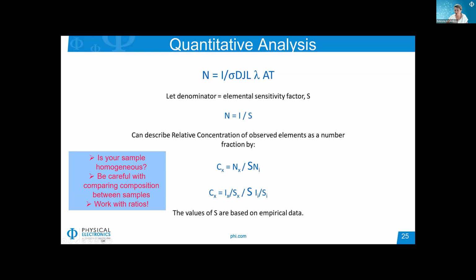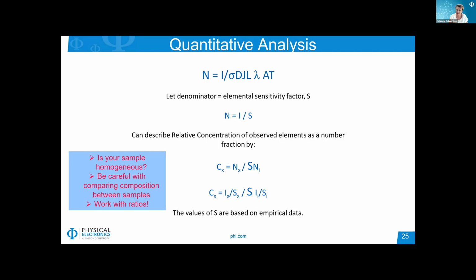Because we're working with fractional numbers, we always assume that the total composition of all of the elements that we report is 100%. So when you read a paper and you see a comparison, we always need to be aware of whether the survey spectrum has been shown, and whether all of the elements have been included in the quantification.